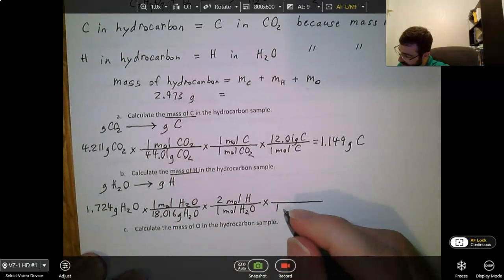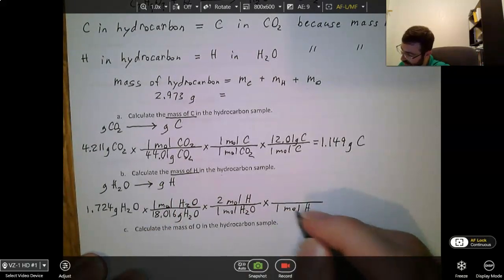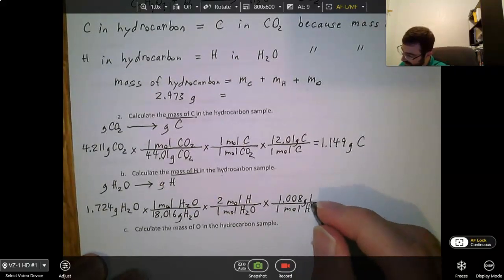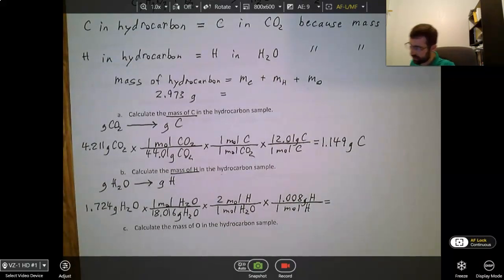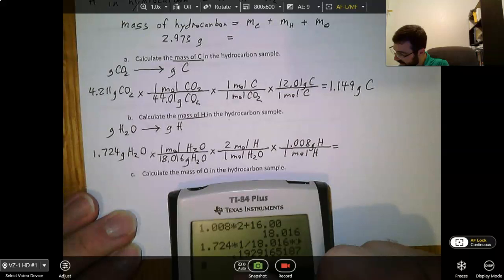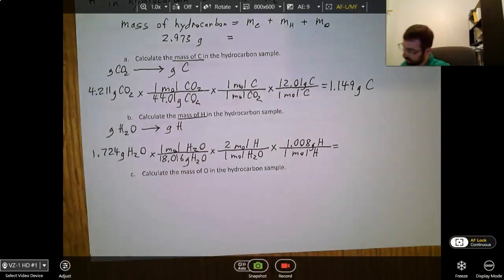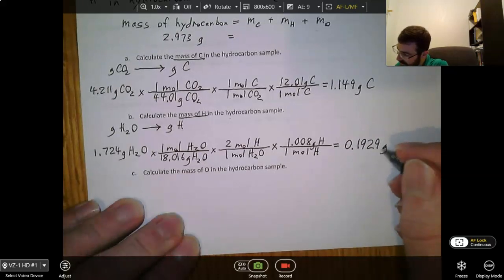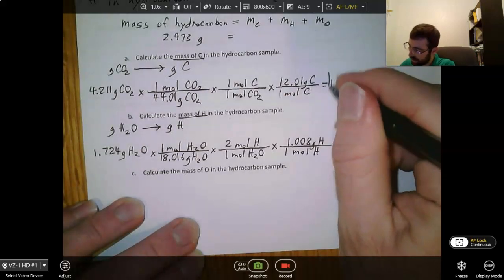So for every 1 mole of H, I have 1.008, because that's our molar mass, grams of H. Now it's just punching it in the calculator. 1.724 times 1 over 18.016 times 2 over 1 times 1.008 over 1, and you get 0.1929 grams of H.